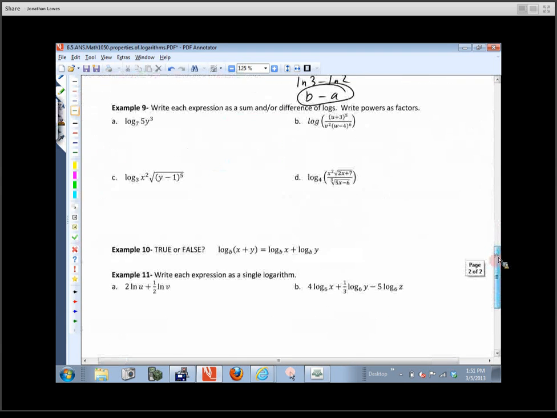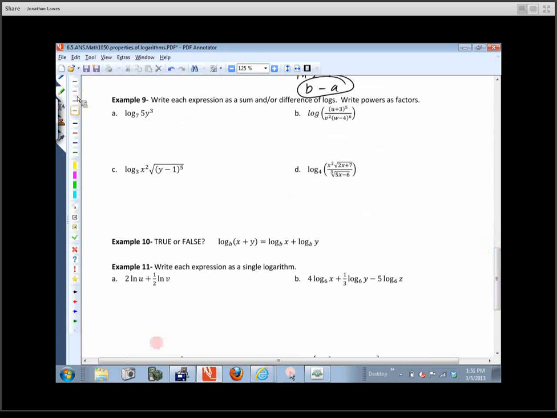This set of instructions for example number 9, it says, write each expression as a sum or difference of logs. Write powers as factors. Okay, this is using the properties that we learned on the front side, kind of in the forward direction. We're going to take this and we're going to simplify the operations, not necessarily simplify the expression. So what I'm going to notice is I've got multiplication here and I've got an exponent.